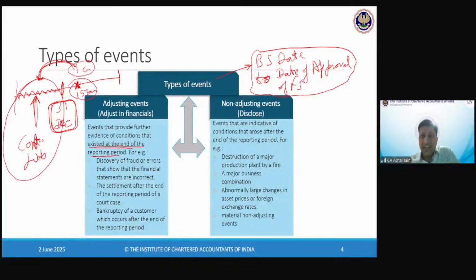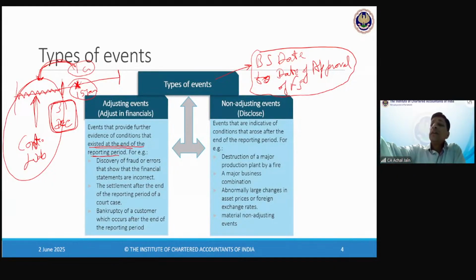So do you need some estimation? No, it's a fact. If the matter was going on, company was into a litigation, do we need to estimate this? It's factual, isn't it? Tell me. Yes, sir.